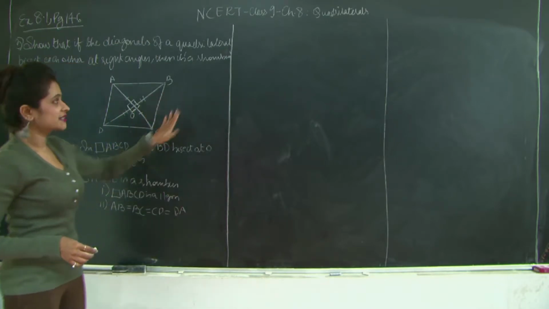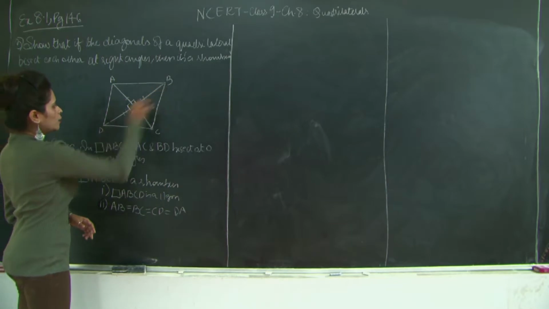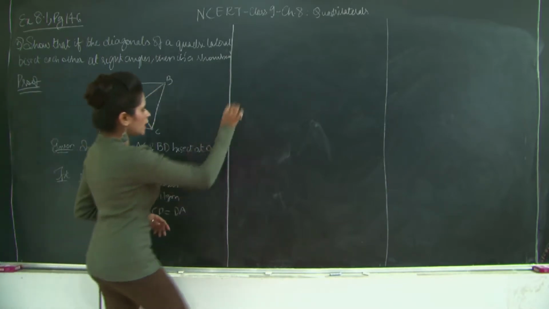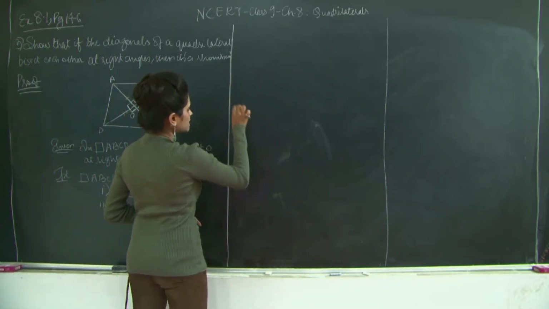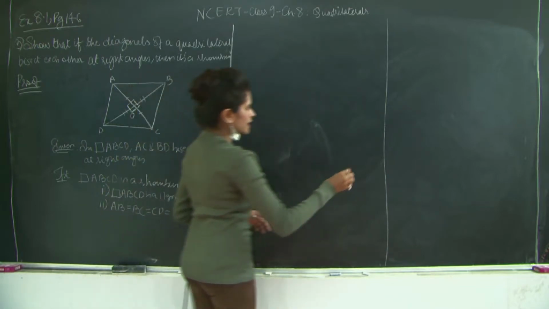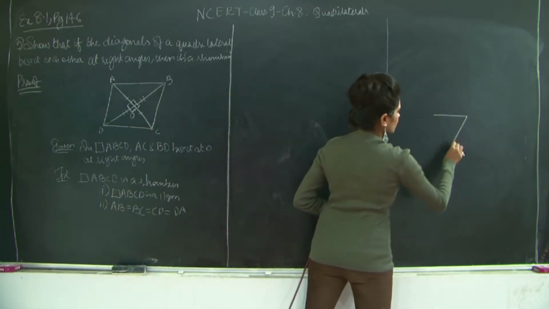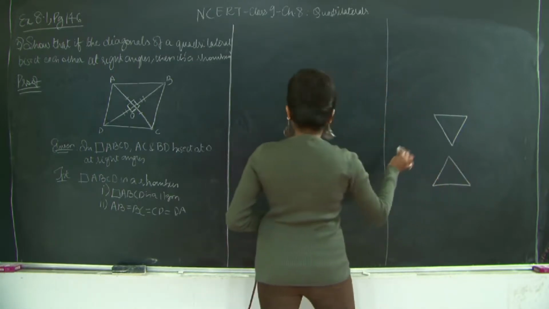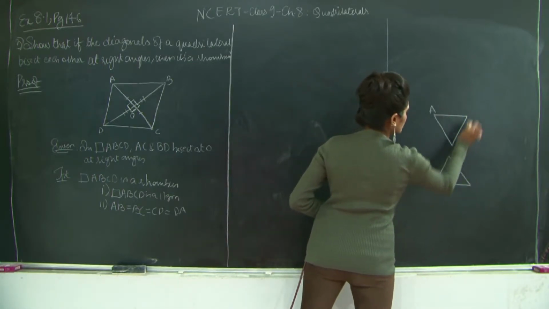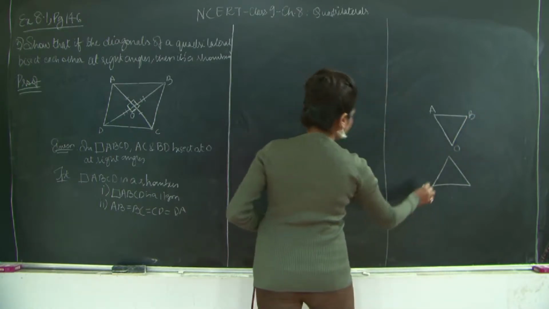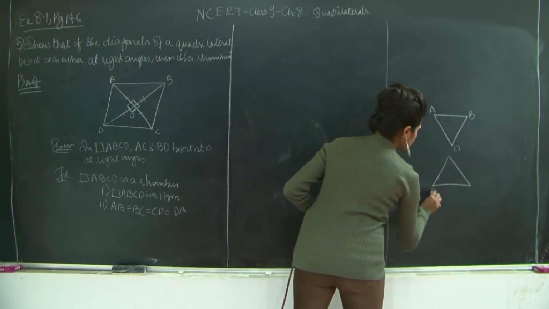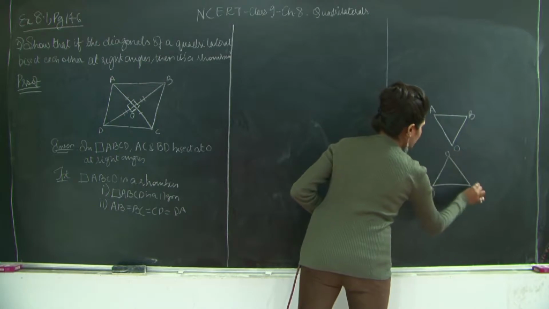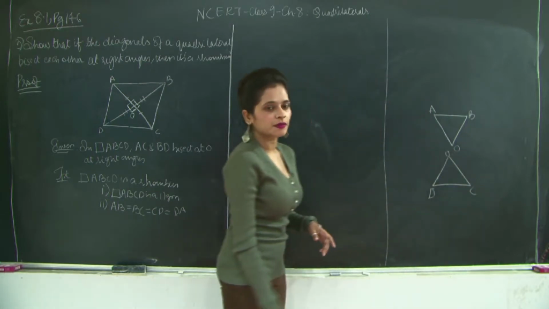So let us take these two triangles AOB and DOC. So I will take my triangles. We are going to erase these triangles, so I am doing it on this side of the board. So I have AOB and I have D, O and C. What has been given?